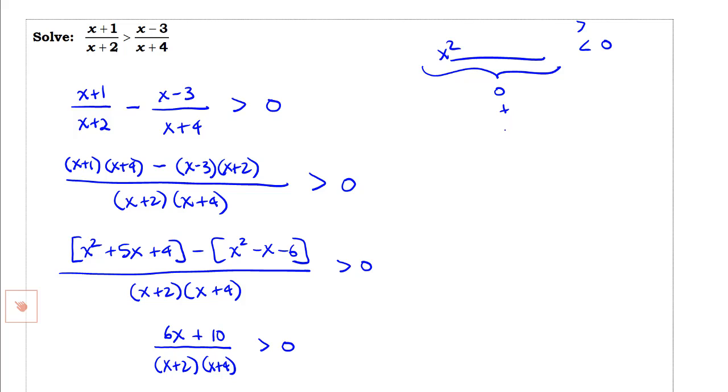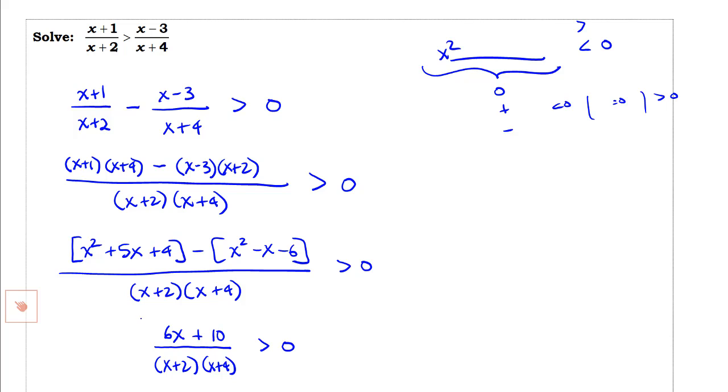Positive or negative, right? Those are the three things we did at the very beginning of the notes. You have the 3 columns: equal to 0, less than 0, greater than 0. And that determined what we did with the number line, right?